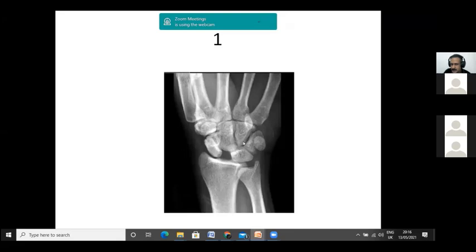Okay, this is somewhat maintained. So your description should say that the arcs are disrupted and there is a palmar flexion of the scaphoid, which is implied by the ring sign, and there is an obvious gap between the scaphoid and lunate, implying that there can be a dissociation. Okay, so these are the things you can see in an AP view.